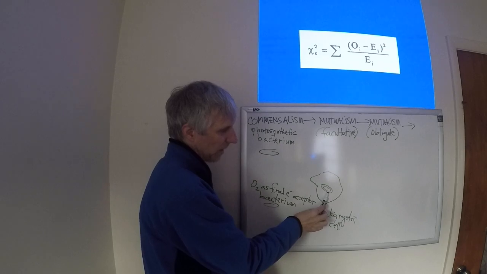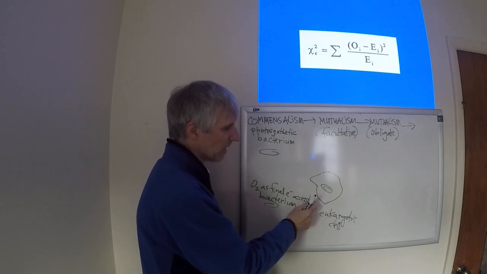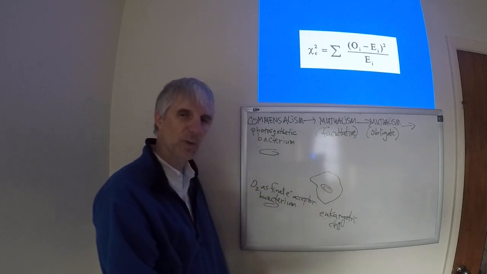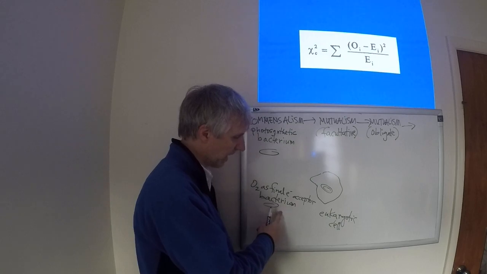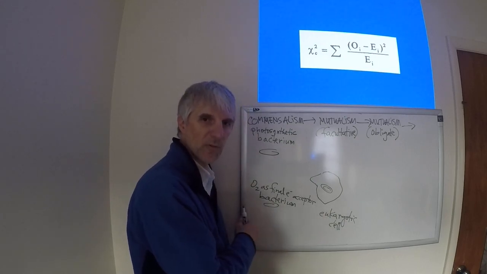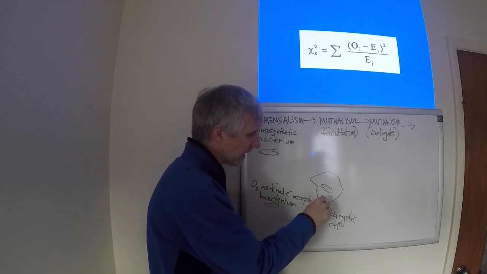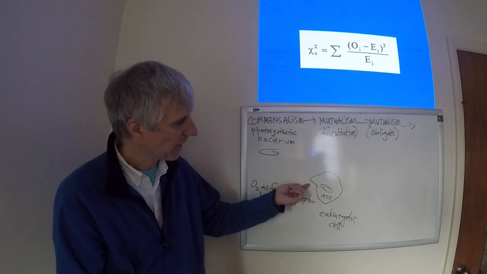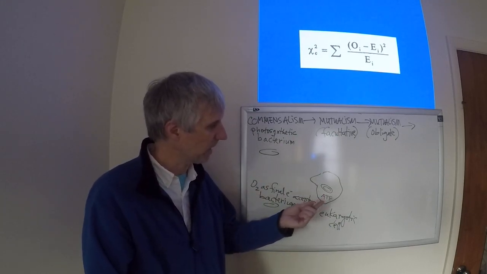Now, I've got two membranes here, and then for some reason this didn't fuse with the lysosome, and this bacterium began to continue to do this oxygen as a final electron acceptor trick. And as it did that, it generated lots of ATP, and the cell begins to benefit from this additional ATP.